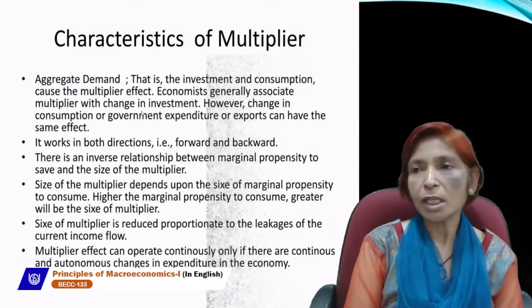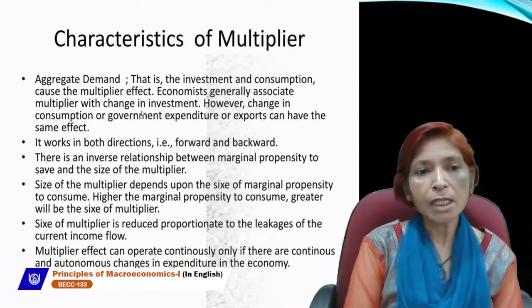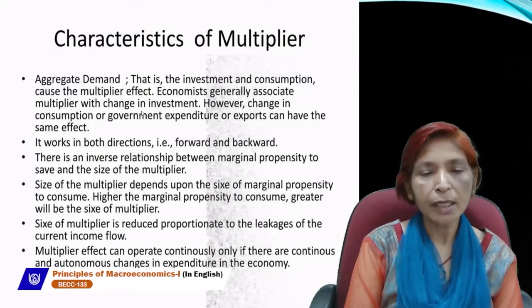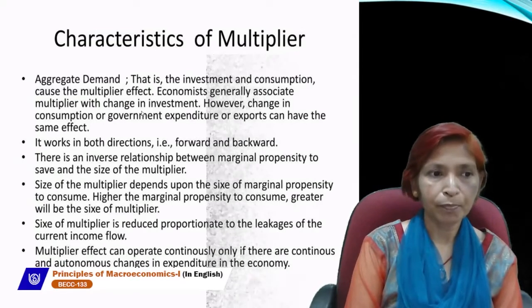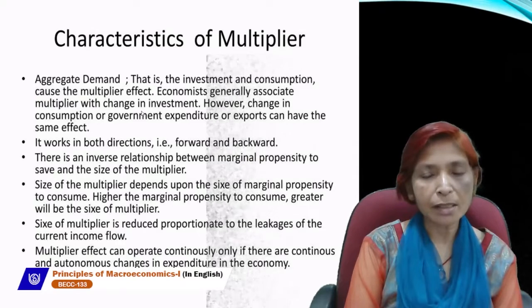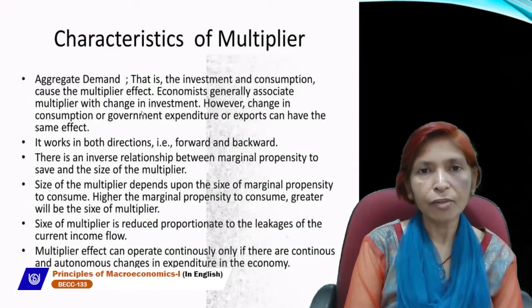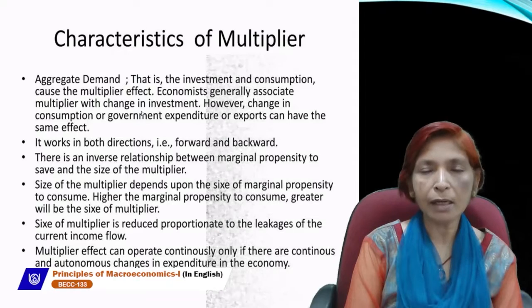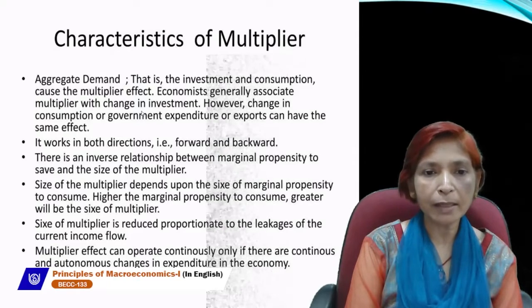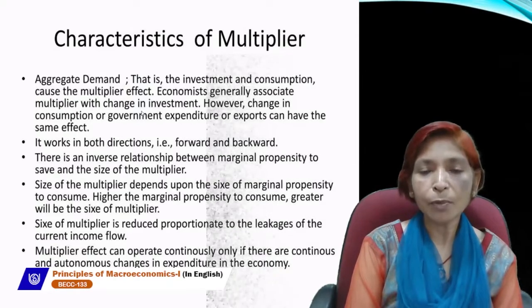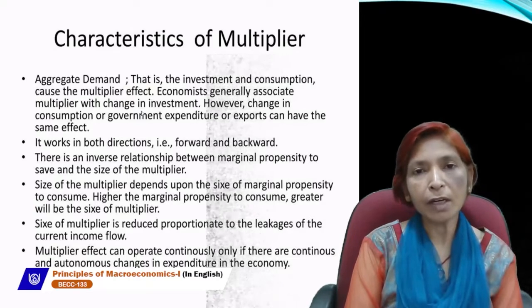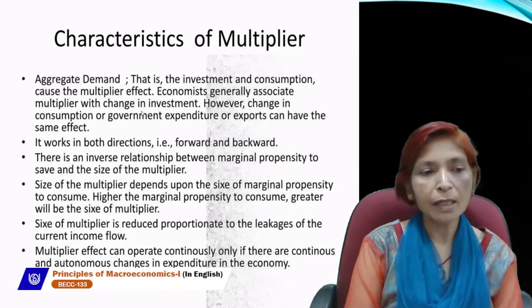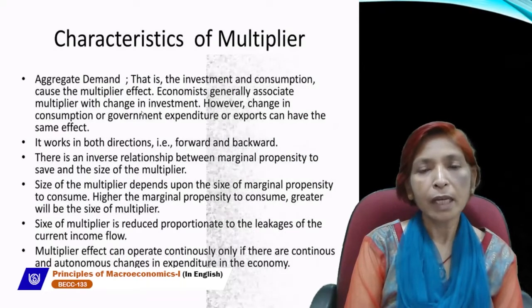However, change in consumption or change in government expenditure or change in exports can have the same effect. If consumption increases, then income will definitely change. If government expenditure increases, then income will definitely change by multiplier effect. And if our exports increase, then income will also increase by multiple. So all these concepts can be used in multiplier.